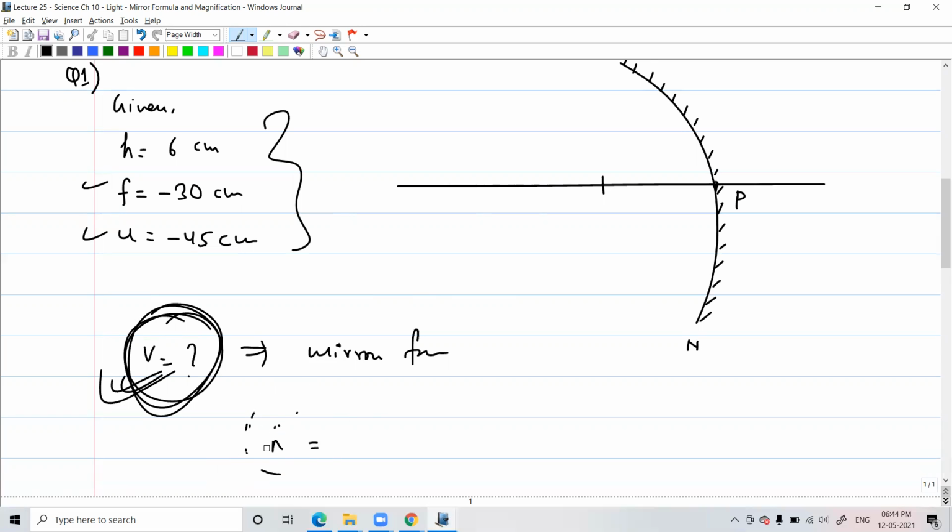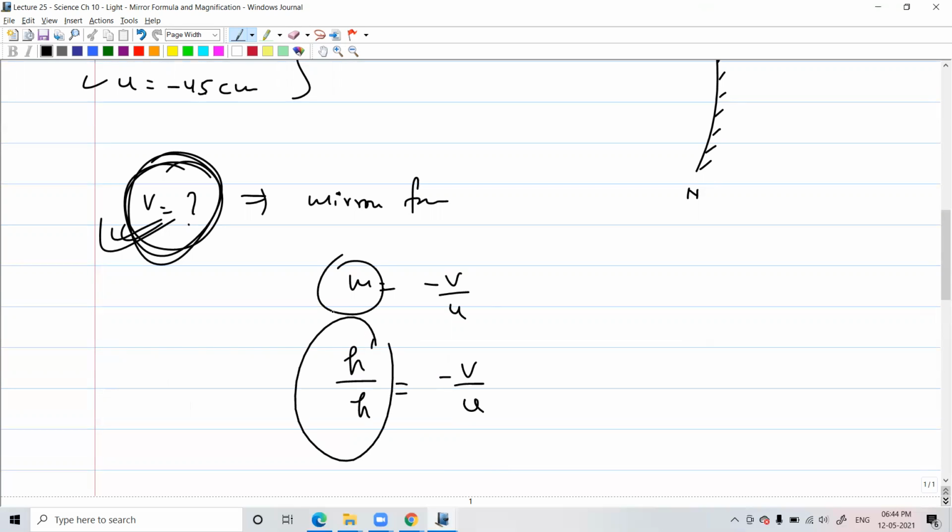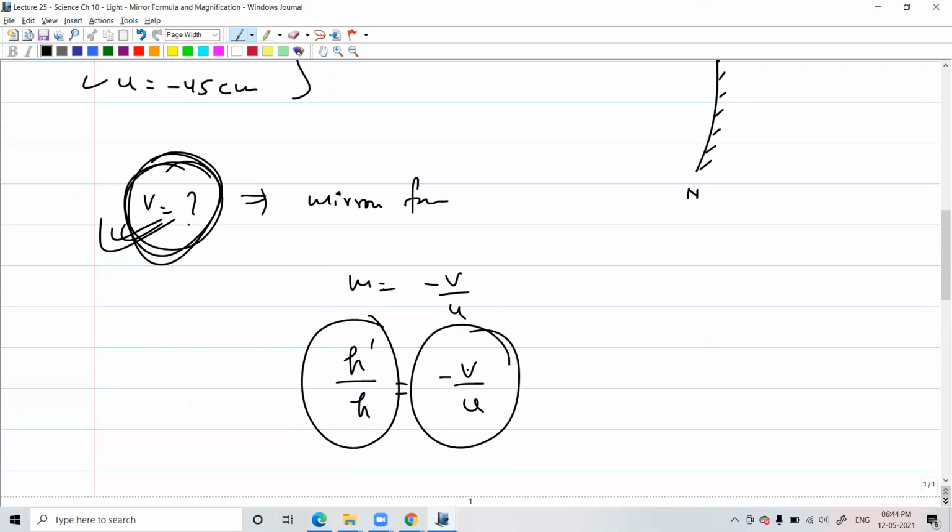Magnification is equal to h dash by h, and m is equal to minus v by u also, no? So we can combine both the formulas and write like this: h dash by h will be equal to minus v by u.